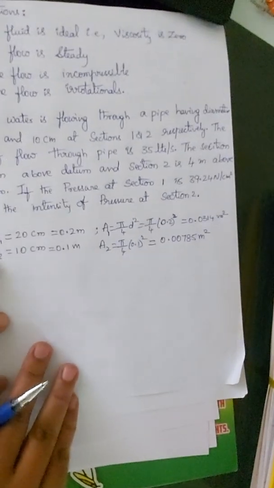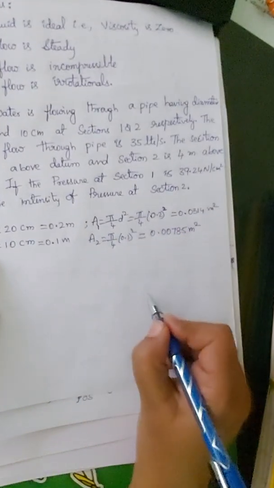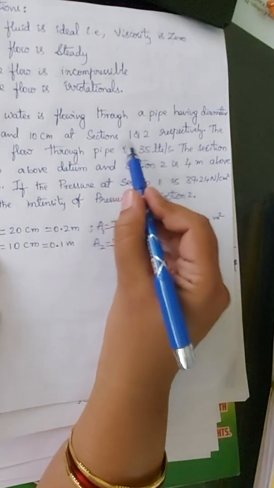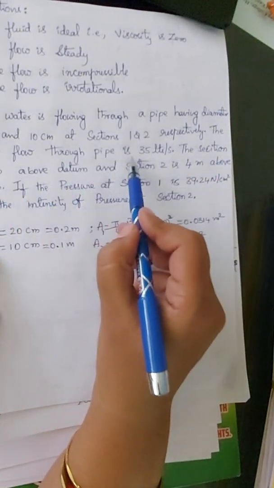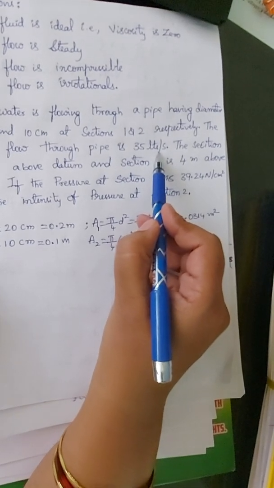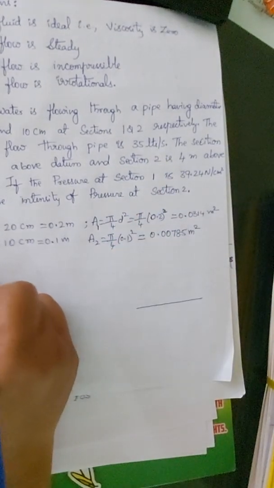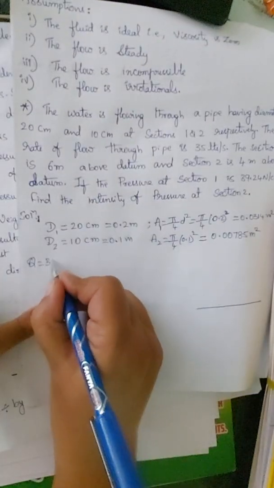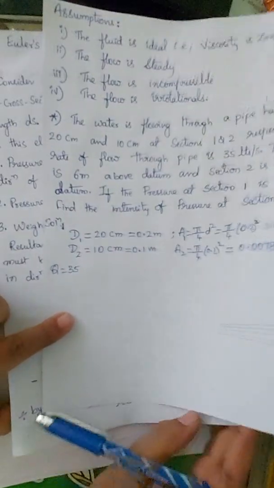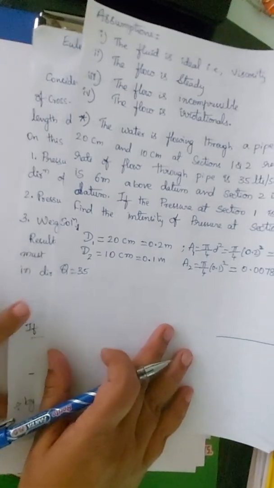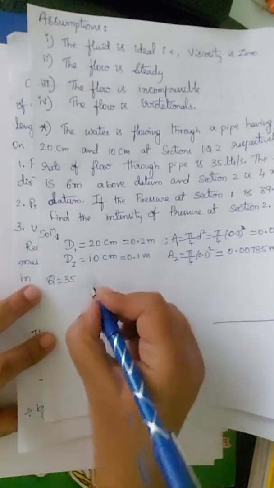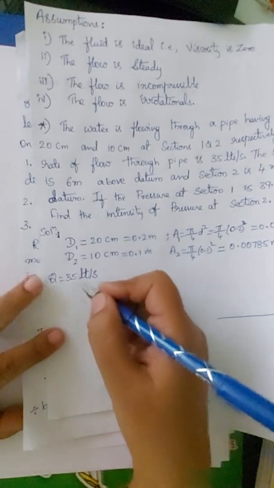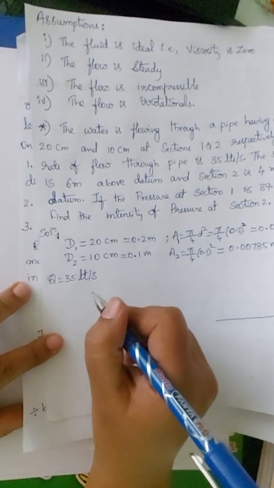Okay, then if we consider this as the datum, the rate of flow through the pipe is 35 liters per second. That is Q is equal to 35 liters per second.